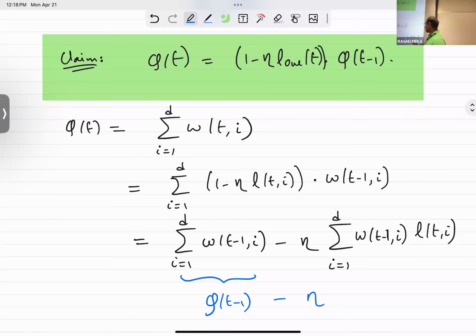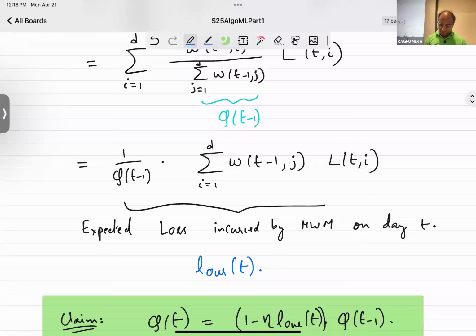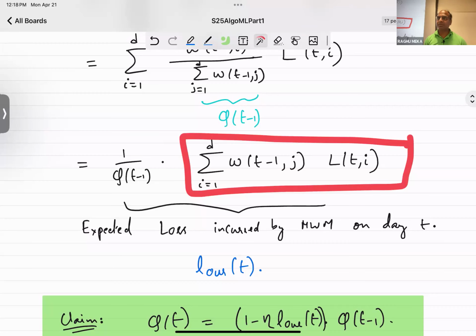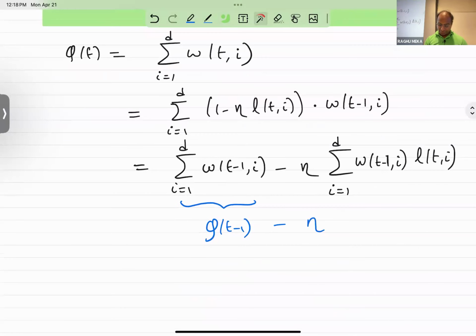And how about this complicated looking thing, the weights times the loss? Well, as it turned out, we just saw that expression exactly here. So just substituting that in, we get this eta times phi of t minus 1 times L hour. The expected loss that we incur was this divided by the total weight, so the sum is just this much.